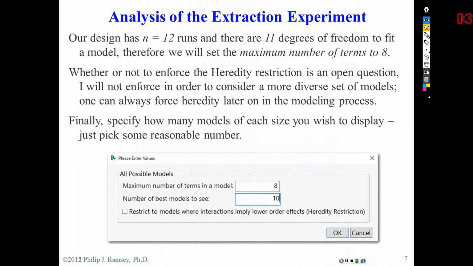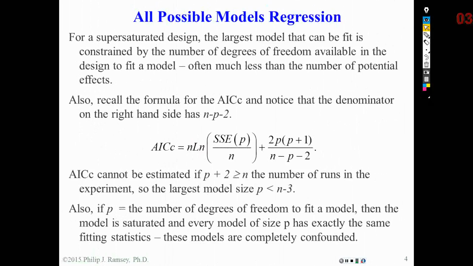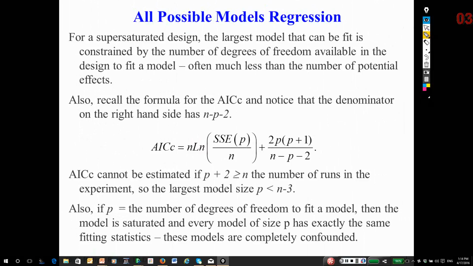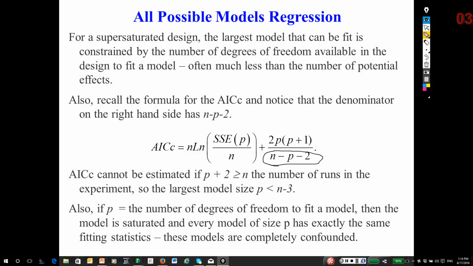And it turns out, in fact, let me back up and point out something to you. Notice the denominator for the AIC, n minus p minus 2, where n is the number of runs, so it's 12 for the extraction experiment, and p is a parameter that includes the estimate of experimental error.